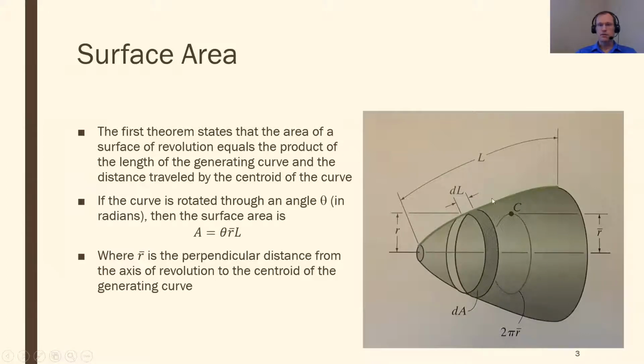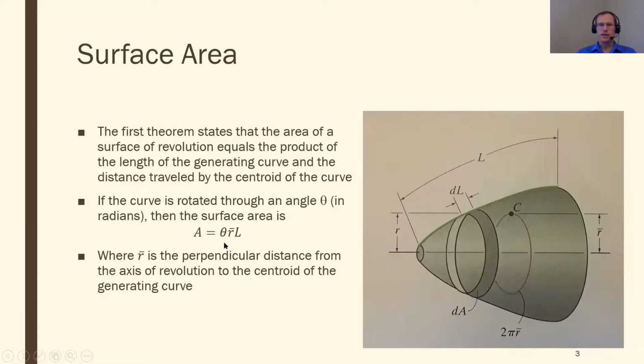Again, I take this line, rotate it 360 degrees all the way around my horizontal axis, and I get this cone-shaped object, and I can find its surface area by simply taking the angle through which I rotate it. In this case, it would be 2 pi.